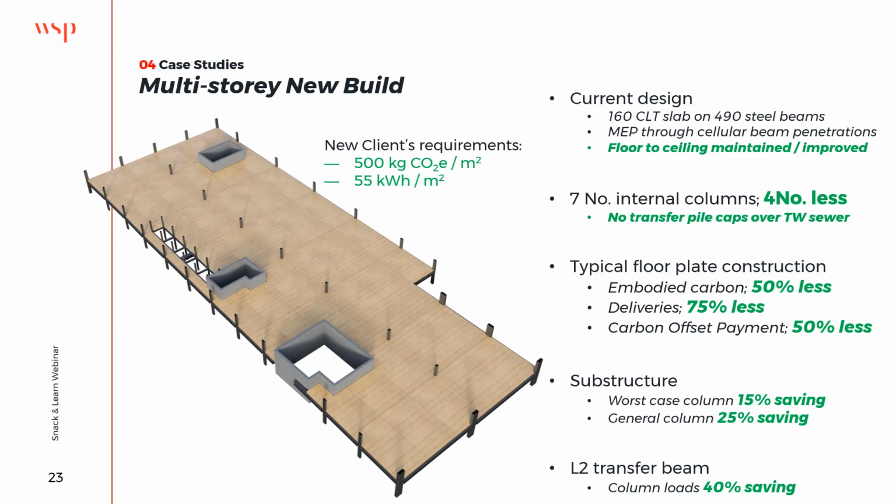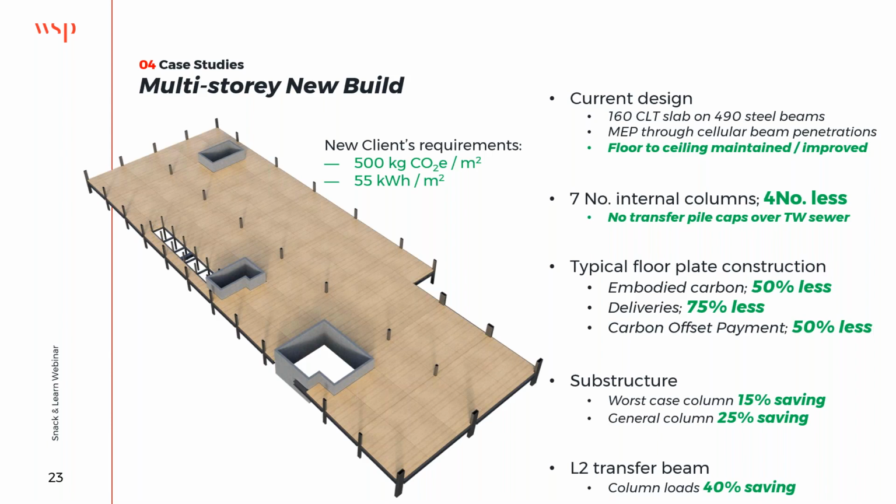Anyway, our client sold the planning scheme site to a new developer who wanted to make this their marquee development in London. It's their second development, and they put quite stringent sustainability criteria on it. First, the embodied carbon should not be greater than 500 kilograms of CO2 per meter squared, and also the operational energy should not be greater than 55 kilowatt hours per meter squared.